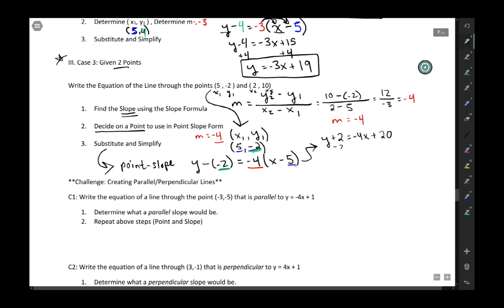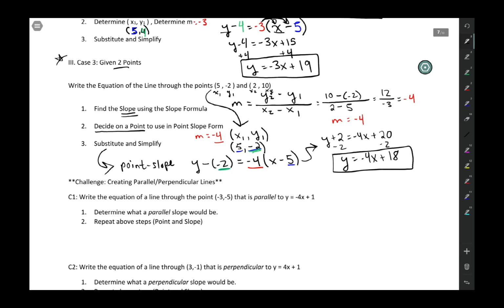Subtract 2, subtract 2, and we end up with, if that's right, y equals -4x plus 18. Okay, so that's the third most challenging right there for us, but hopefully it is not too bad.